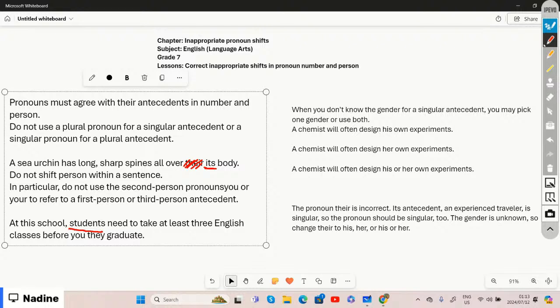So we would say they, because we are referring to more than one student.